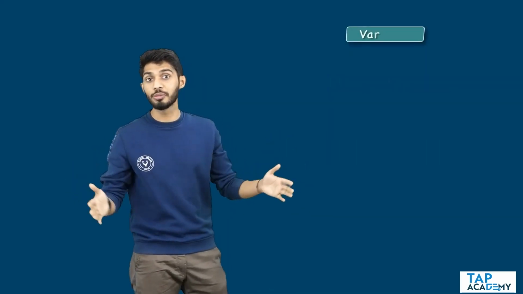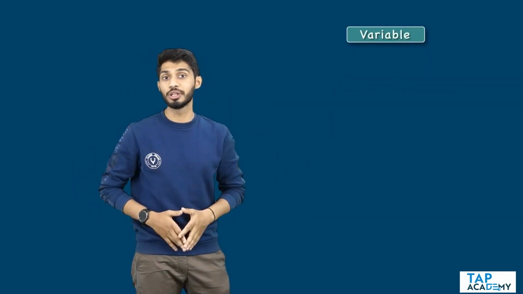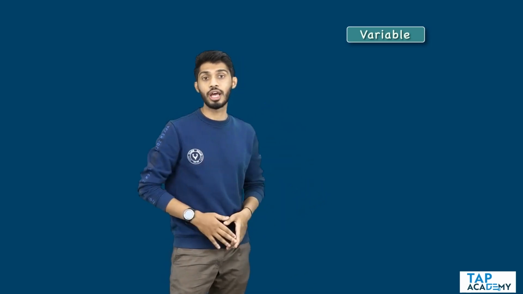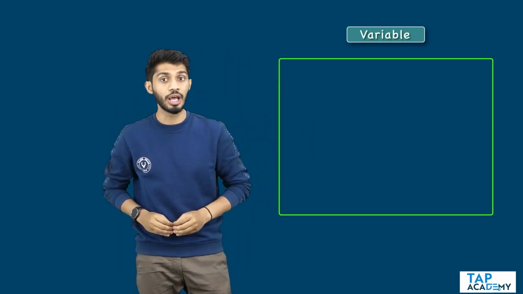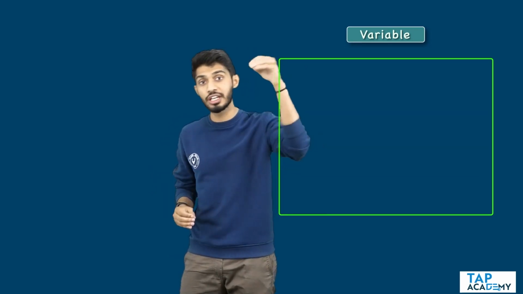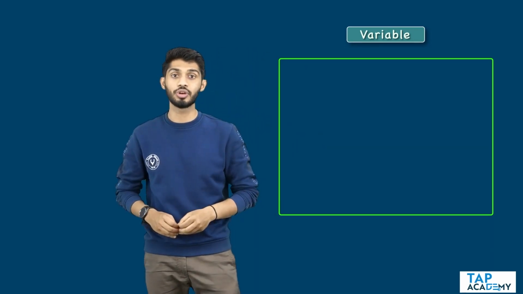Whenever you are storing data, you make use of variables. Now where exactly are these variables created is a question. Whenever you write programs in any particular language, memory is allocated for that program. Where is that memory allocated? It's allocated in the RAM. So in case of RAM, there is a physical memory which is allocated for your program, and all the variables store the data in that physical memory.